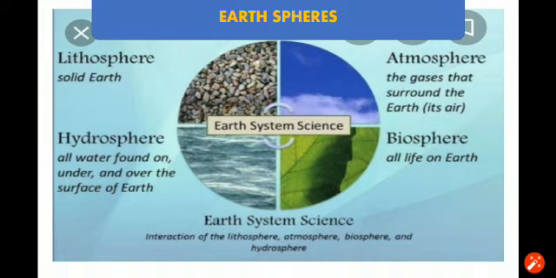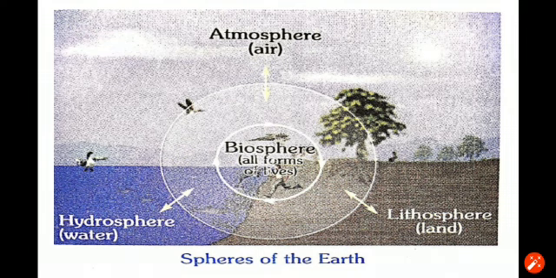Lithosphere actually indicates solid earth, as well as hydrosphere indicates all water bodies, all water found under and over the surface of earth. Atmosphere is basically the gases that surround our earth, and biosphere means all life on earth. Now you can understand better.